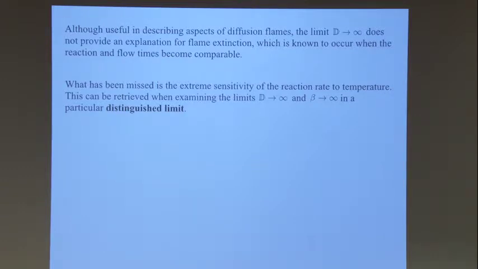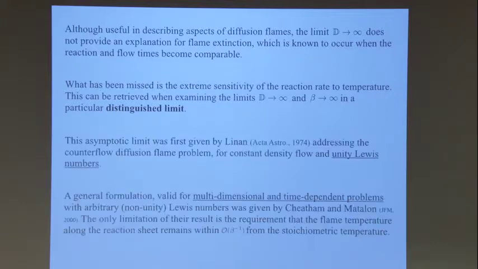Distinguished limit, in the asymptotic jargon, means that you have two parameters, small or large, and you relate them in a certain way. In other words, sometimes it's equivalent to some similarity rules that you find, but that's the idea. So Liñán said that we have not only Da going to infinity, but also beta goes to infinity, namely to use the idea of the activation energy being large.